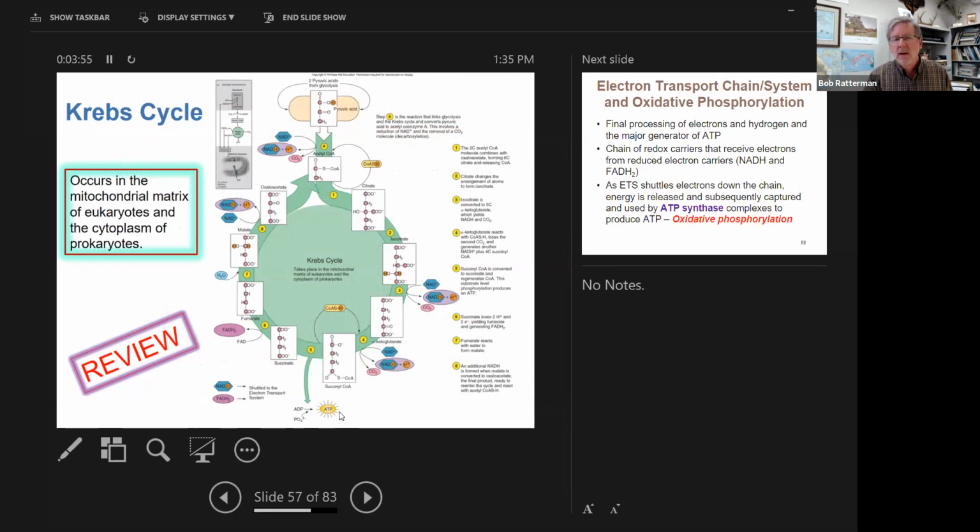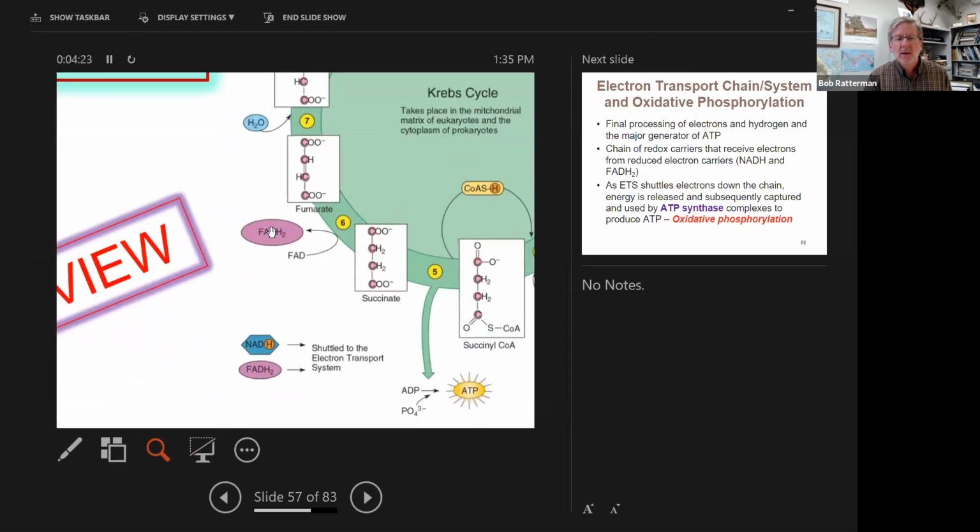So we have one ATP made directly, which you see at the bottom. And we've got 3 NADHs produced, not counting this one made in the bridging reaction. And then we also make an FADH2 molecule where FAD becomes reduced to become FADH2.